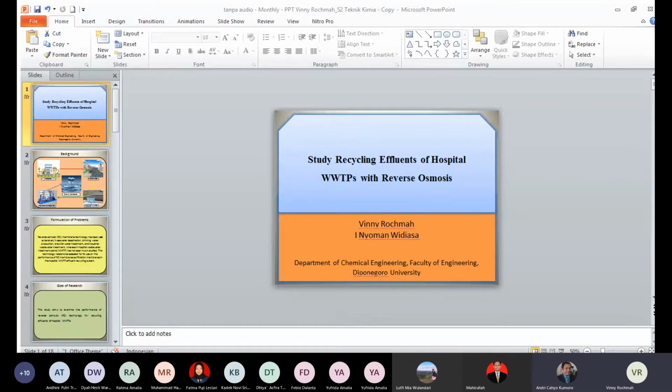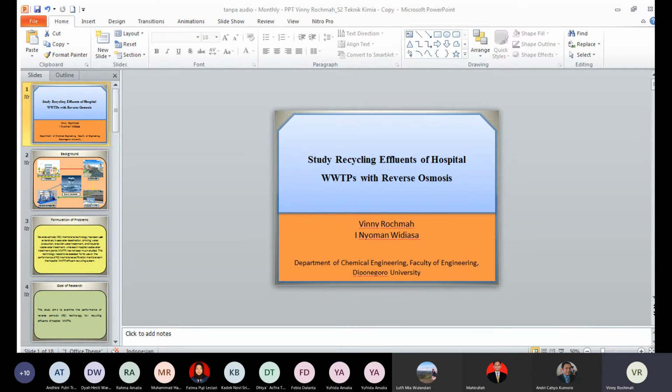Material and methods. For the tool, a set of RO tools was used with specifications as in the following pattern. The material consists of effluent from hospital wastewater treatment plants that have pretreatment using an ultrafiltration membrane.